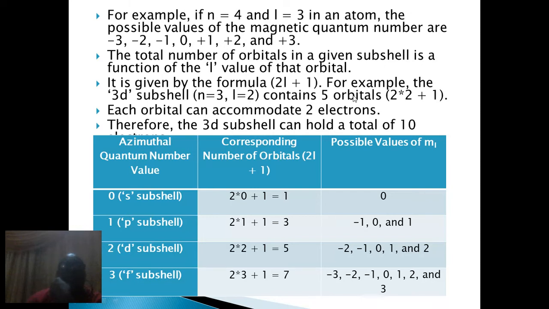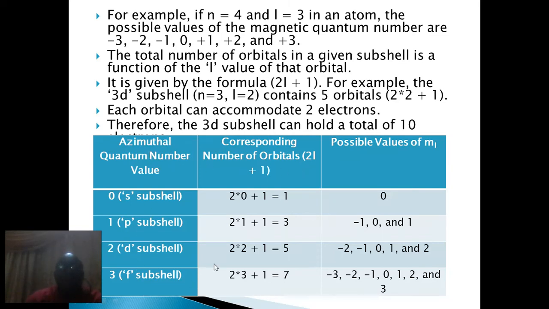It contains 5 orbitals, as you can see with the formula 2 times 2 plus 1. Each orbital can accommodate 2 electrons. Therefore, the 3D subshell, which has 5 suborbitals, can hold a total of 10 electrons because each suborbital can hold 2 electrons.